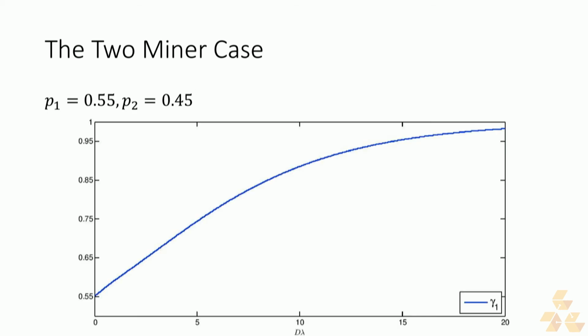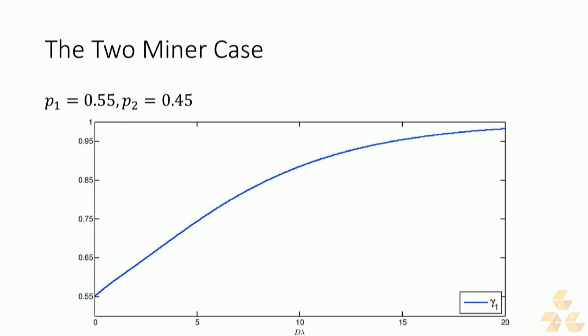The equations are not really interesting, but this graph is a bit more interesting. Say that we only have 2 miners. One of them controls 55% of the hashing power, the other controls 45% of the hashing power, and we see the probability that a block in the longest chain was mined by the stronger miner as a function of the delay in the network. Where the delay in the network is 0, it's just the proportional share, the fair share.